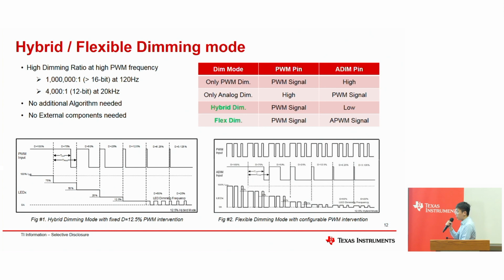At this level, if you're still using the DAC to do the analog dimming, the linearity can be really bad. For example, if you want to output 5 milliamperes, you might get 6 or 7 milliamperes, so you want to control this more precisely with the PWM duty cycle to achieve better linearity.